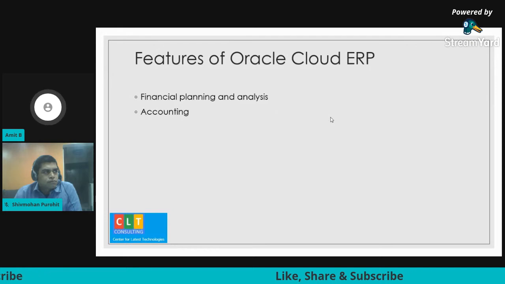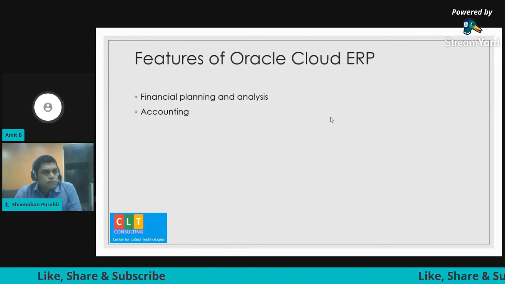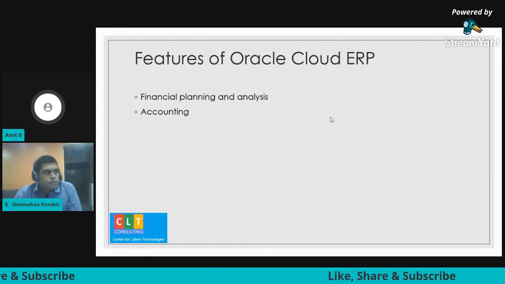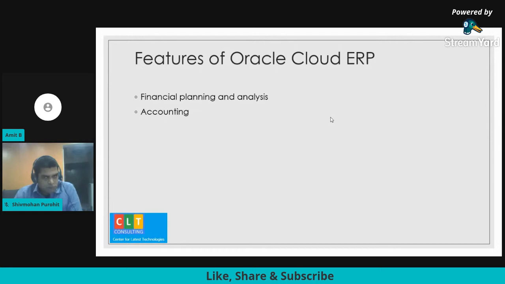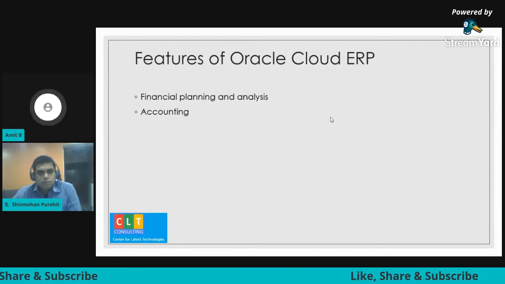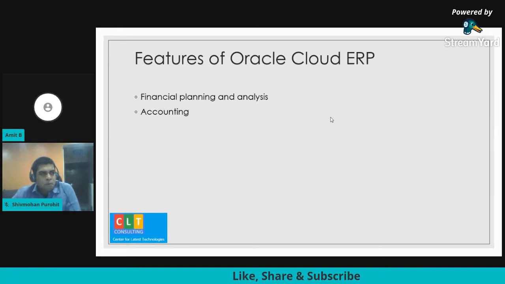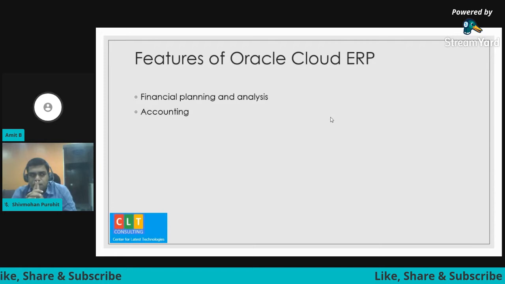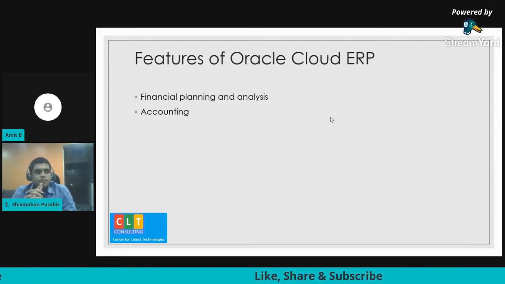Then accounting, of course, since it was started with accounting itself, accounting has also evolved. The representation of accounting has also evolved over the period of time. And you have got subledger accounting where you can derive the accounting based on your requirements, and you can customize the accounting for different purposes.